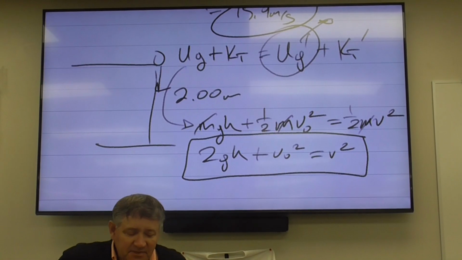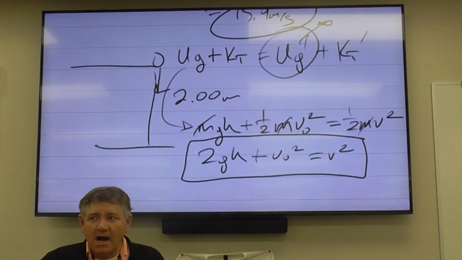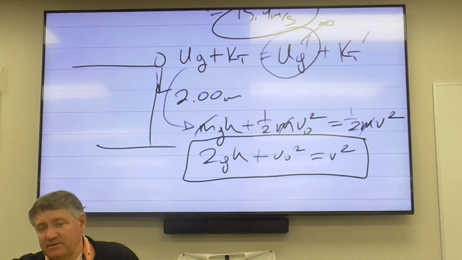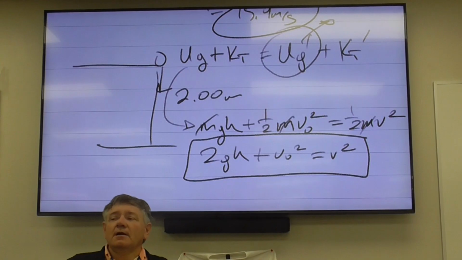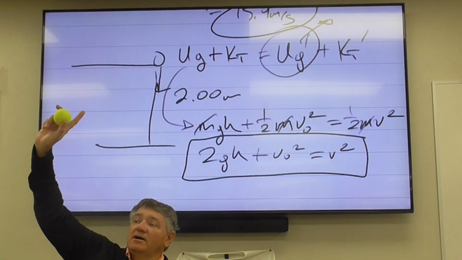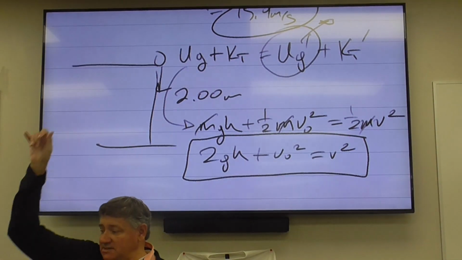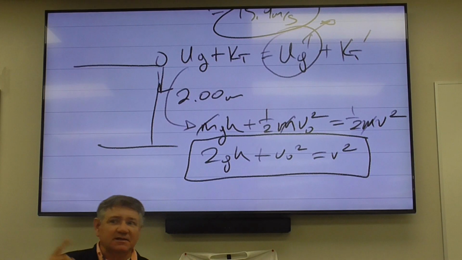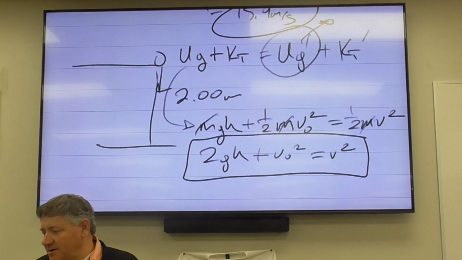Now, interesting concept though. I take the ball 2 meters and I throw it up in the air, it's going to land with a certain velocity. True? Now, if I throw it down with that same velocity from a height of 2 meters, is it going to land with the same velocity as if I threw it up in the air?